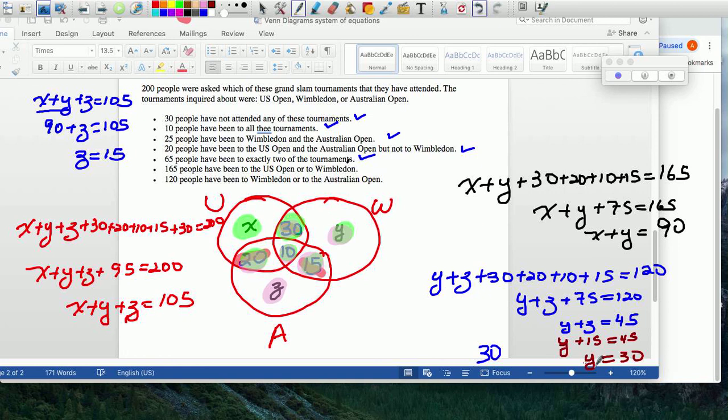Now I can use this y over here and put it over here, and I can get that x plus y, we know what it is now, it's 30, right, equals 90. Take 30 from each side, and I'm going to get that x equals 60. So x is 60, y is going to be 30, and z is going to be 15.